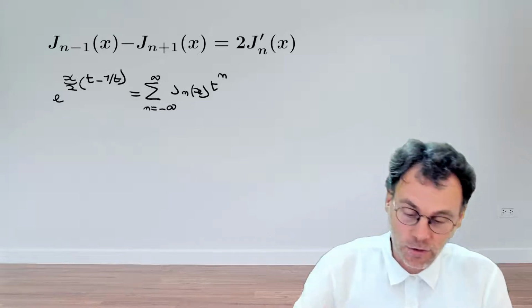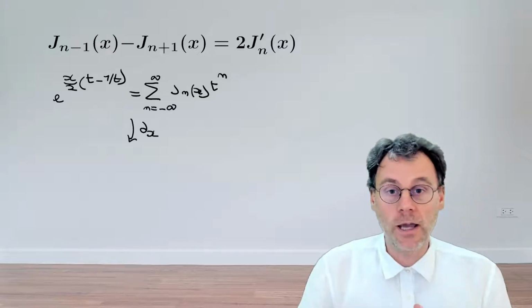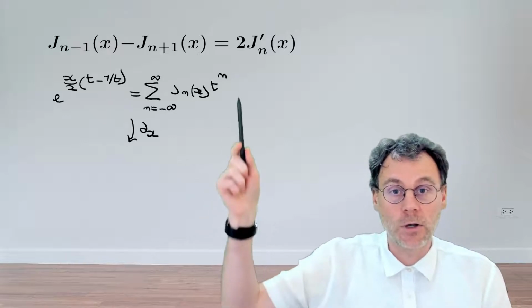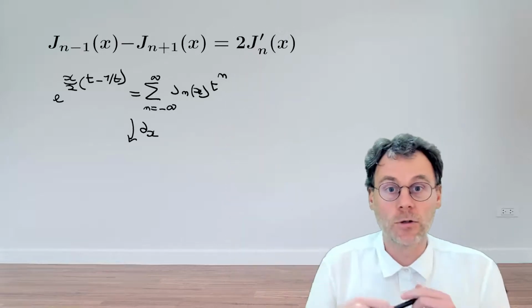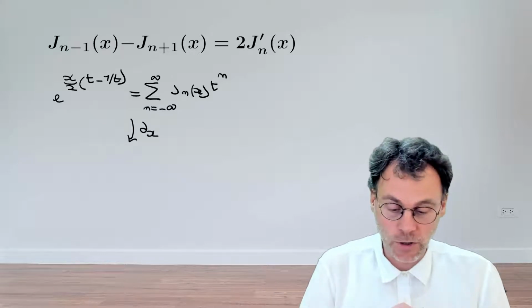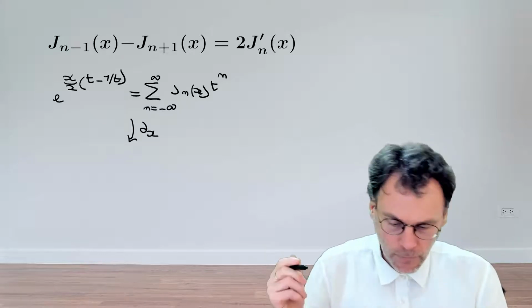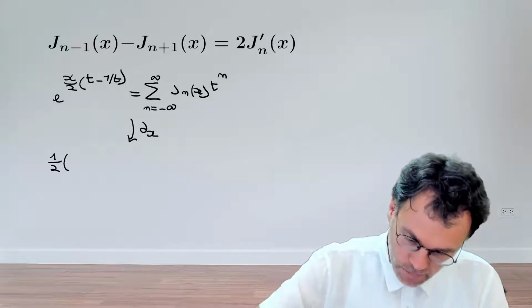Next step is to take the derivative with respect to x. Why do we take the derivative with respect to x? Because we want to end up with terms like these. Otherwise, we will not be able to end up where we want to end up, right? So we take the derivative with respect to x. Doing that, some straightforward calculations, which hopefully I will not mess up.